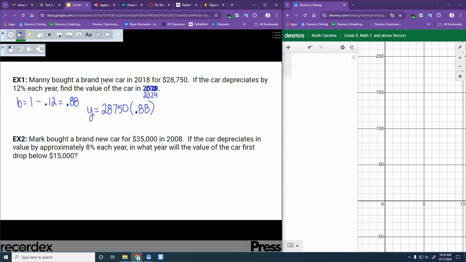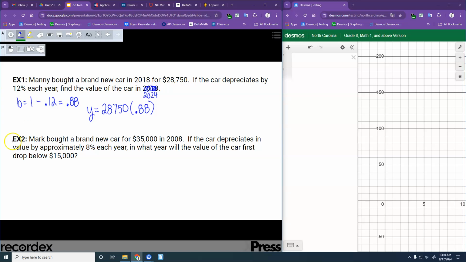Question, Eddie? Do you feel like the 0.12 should go there? That's the biggest mistake most people make. So it's like the discount, although it's a value situation, but if something is 12% off, it will be 88% on. That's the part of the value that the vehicle retains. So we're not multiplying it by the part that it's losing. We're multiplying it by the part that it keeps, right?